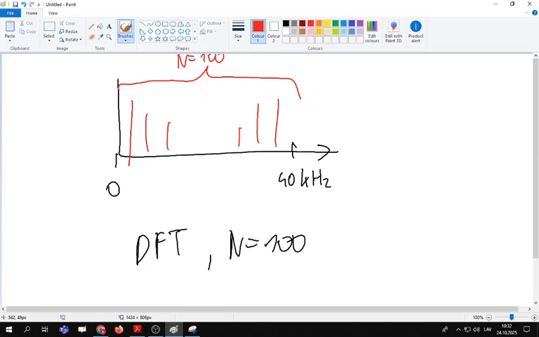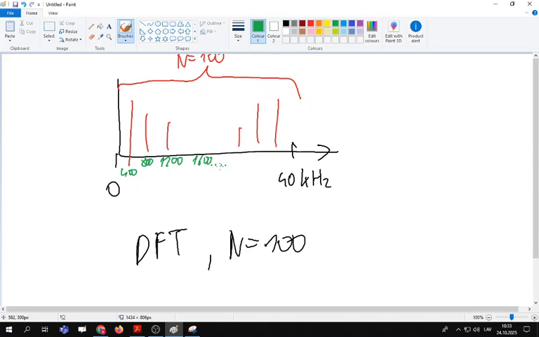Now, with that in mind, we can find out what exact frequency values we will be observing. So if the entire range is 40 kilohertz and we split it into 100 pieces, that means we go with a step of 400 hertz. So this is 400, this is 800, this is 1200, 1600, and so on and so on.